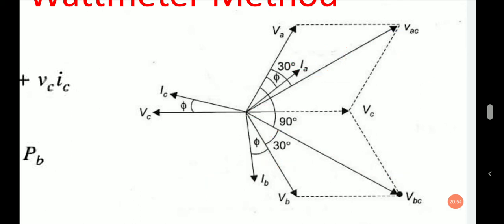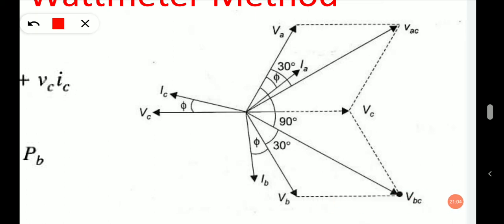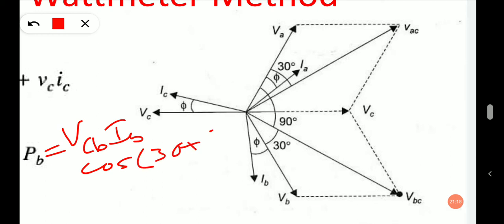So PB, that is the reading of wattmeter WB, will be PB equals VCB IB cos 30 plus phi.